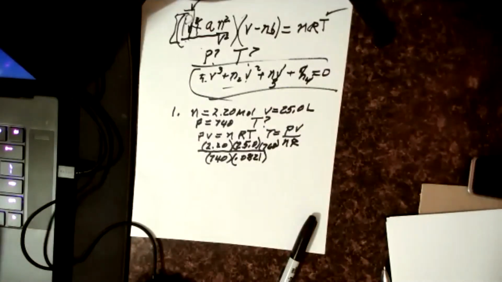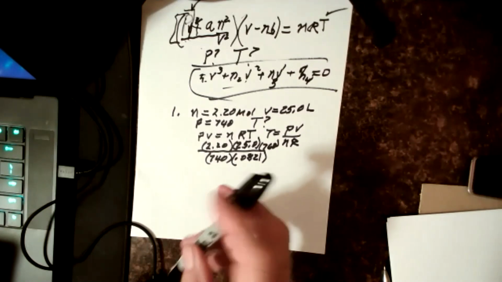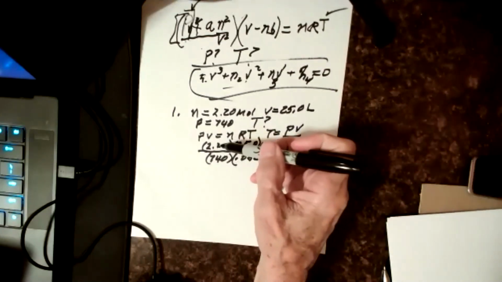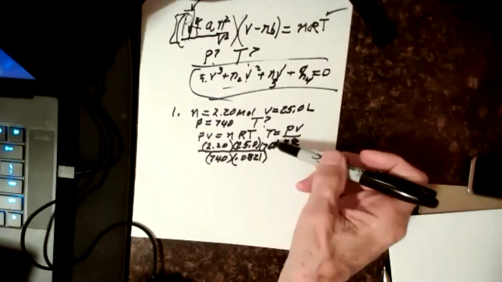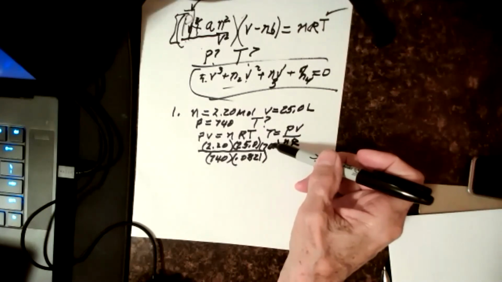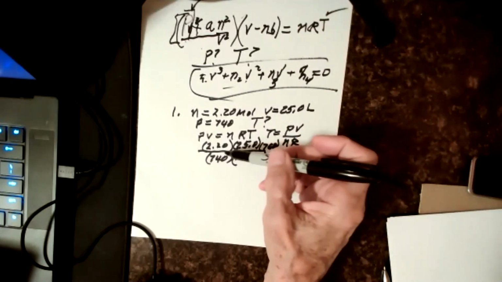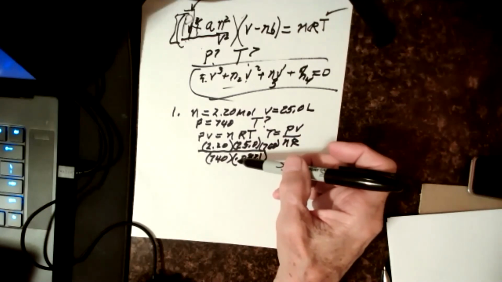2.2 times 25 times 760 divided by 740 and divided by 0.0821. Okay, and double checking my numbers, 2.2 times 25 times 760 divided by 740.